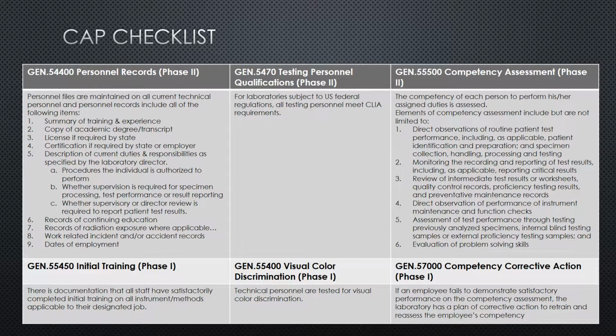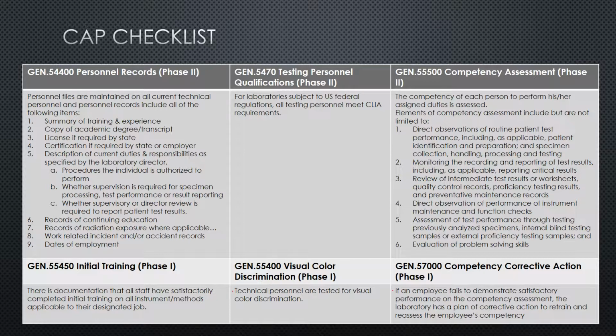And then if you look down here, you can see that GEN.55450, initial training phase, requires documentation that you satisfactorily completed the initial training on all the instruments. Visual discrimination, you have to be tested for color discrimination. So you have to have a color test. And then corrective action.